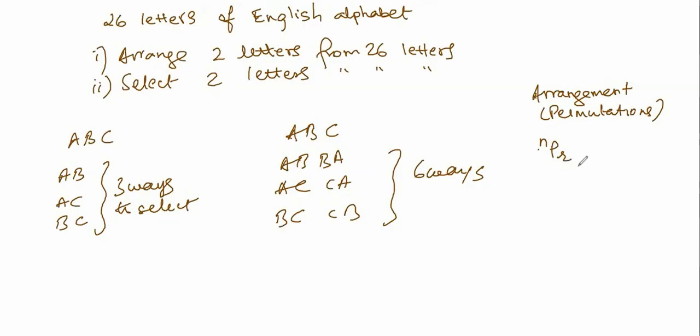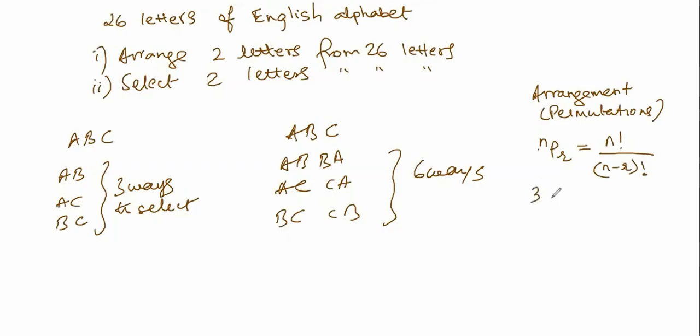So r arrangements from the n letters. So out here, the formula is n factorial upon (n minus r) factorial. Got it? So let's work out our 6 ways first.